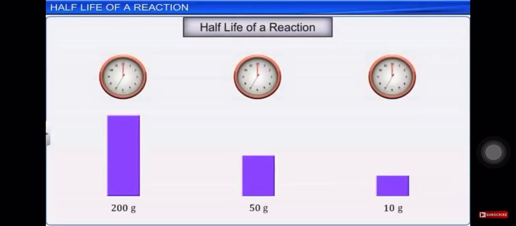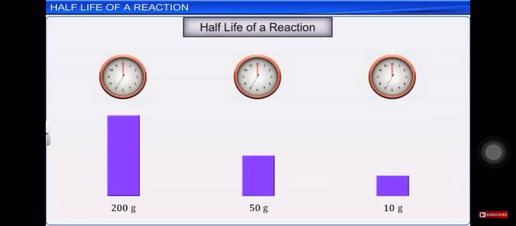We have also seen that this only depends upon the concentration of our reactant, and that we have to find out the value of C, the constant, that is the initial concentration. So we kept different formulas for that and calculated, and we got the equation for first order reaction and zero order reaction.